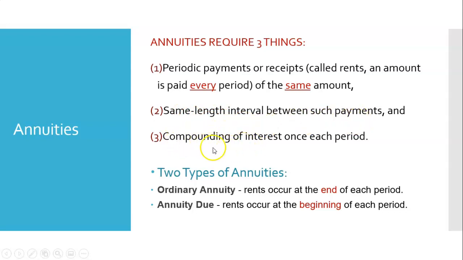And the compounding has to be once each period. So if I'm making a deposit once a year, but compounding is happening twice a year, then that won't work with these tables, okay? The compounding would also have to be annually for us to be able to easily use the tables.